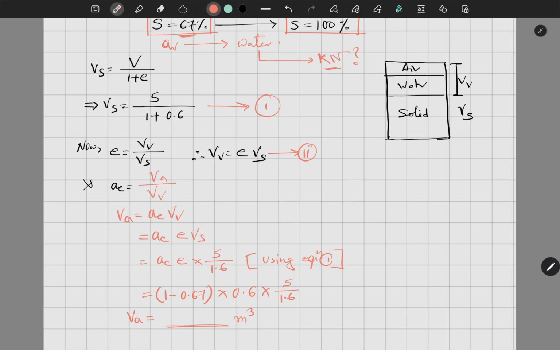By simplifying, what we receive is 0.618.